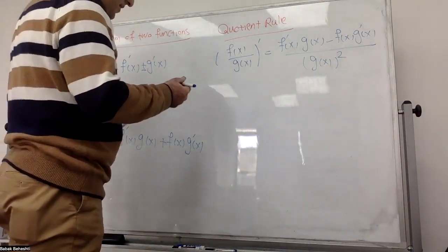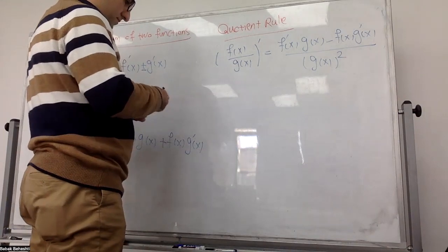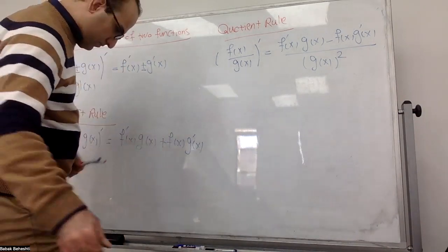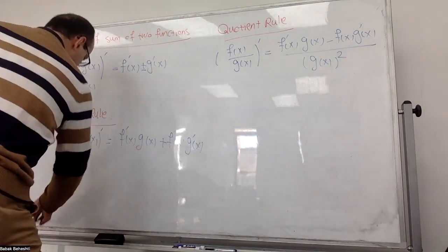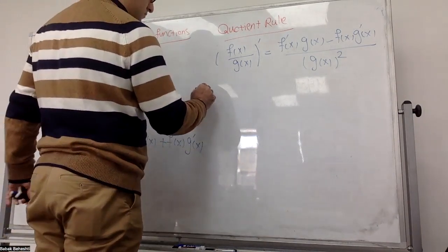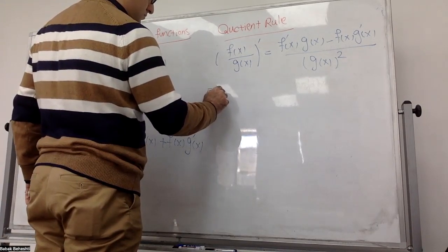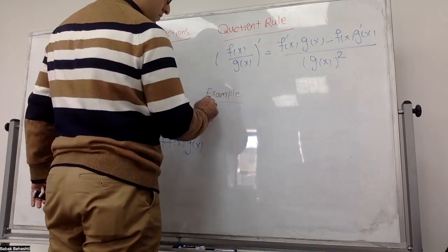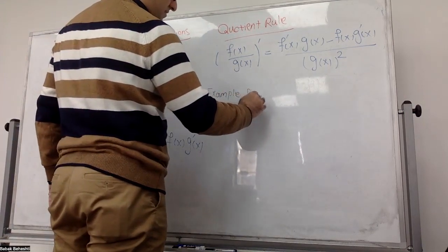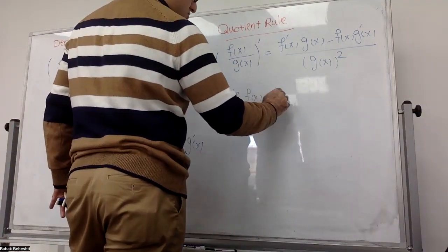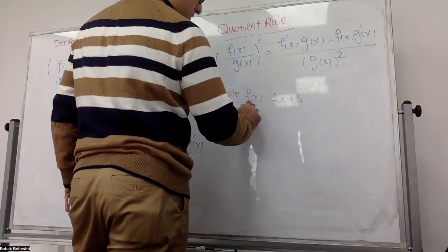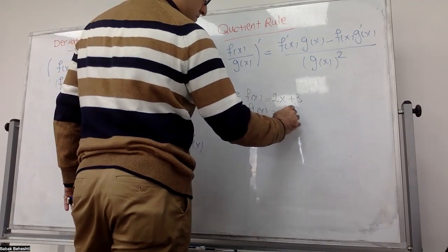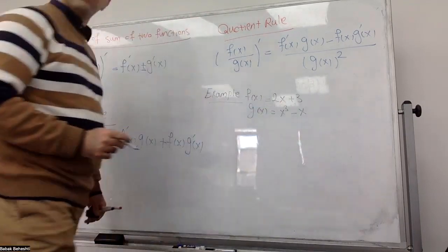So let me give you an example. Assume that f of x is equal to 2x plus 3 and g of x is equal to x cubed minus x.